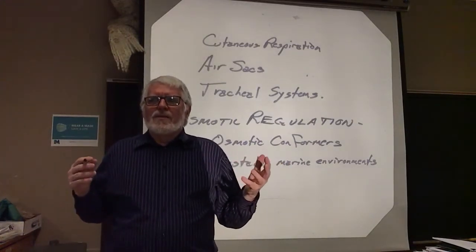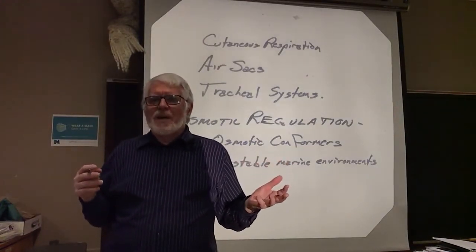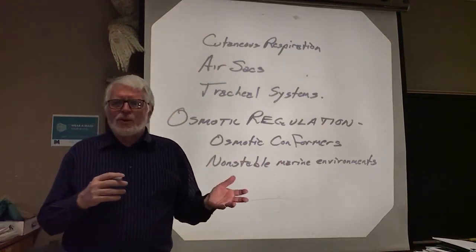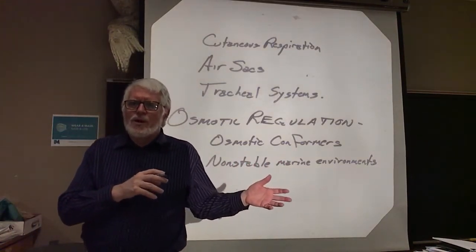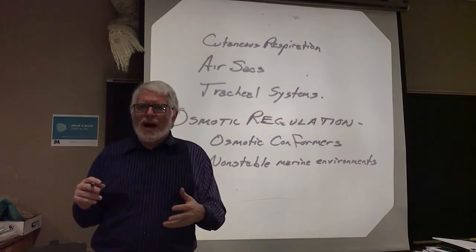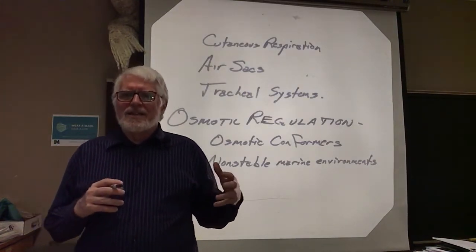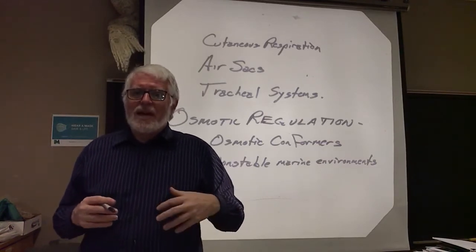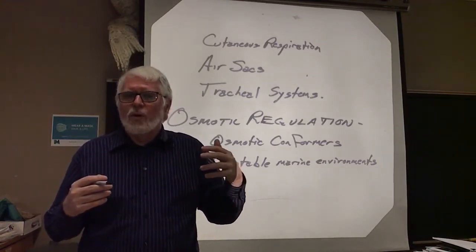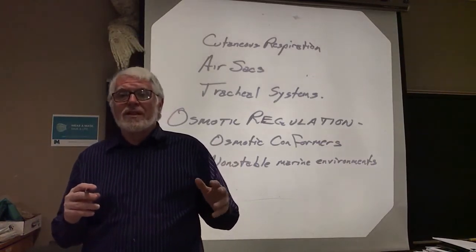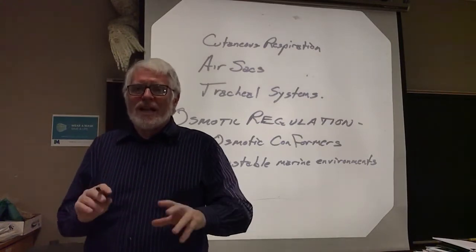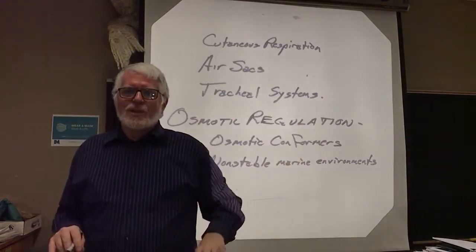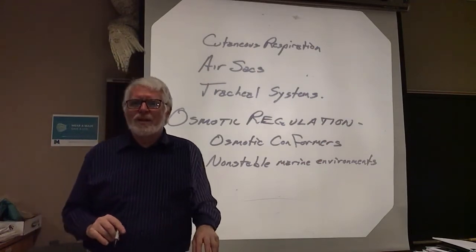These are not going to be stable osmotic environments. Animals that live in estuaries, animals that live in places where there's a powerful river outflow. The water out to sea where the Amazon comes out is essentially fresh for 40 or 50 miles out into the ocean because of the push of the water out of the Amazon River kind of pushing its way into the marine environment.